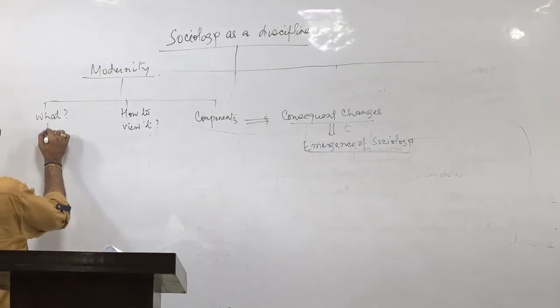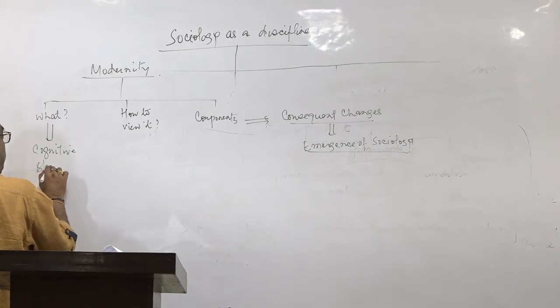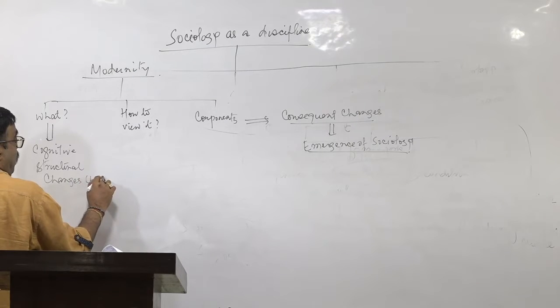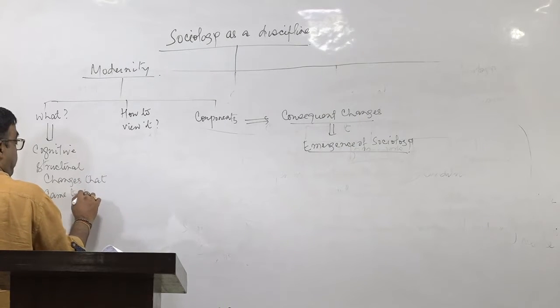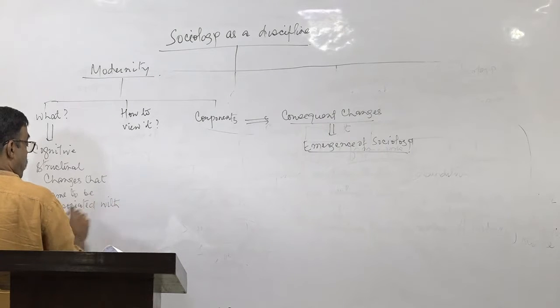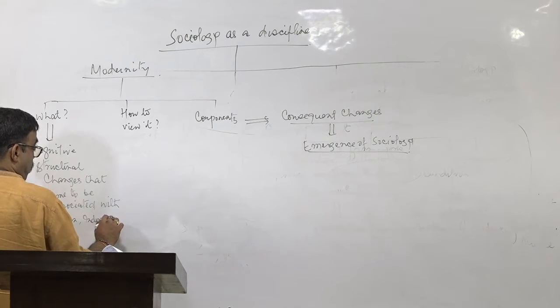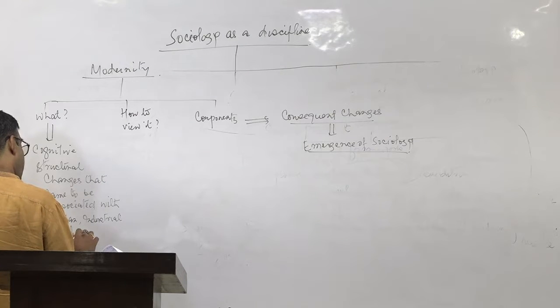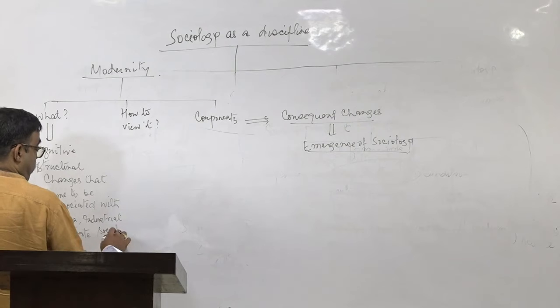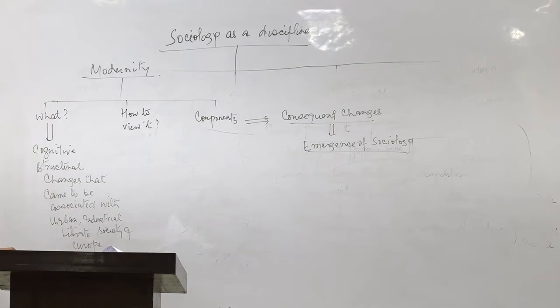And here I said that modernity is those cognitive structural changes that came to be associated with urban, industrial, literate society of Europe.